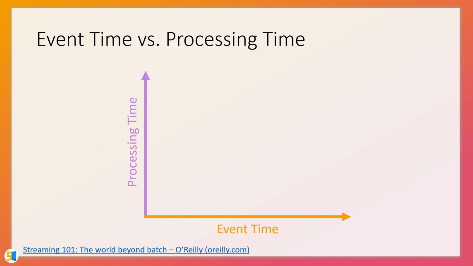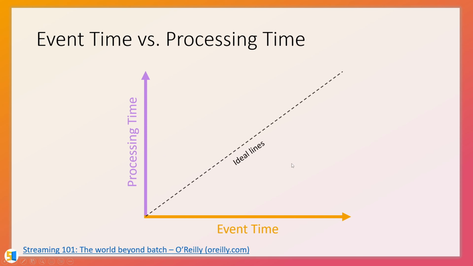I have an example graphic in the slide that represents the relations between event time and processing time. The x-axis represents event time completeness in the system. The y-axis represents the progress of processing time.